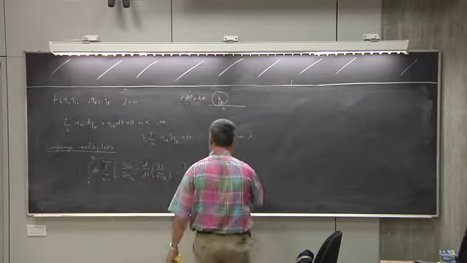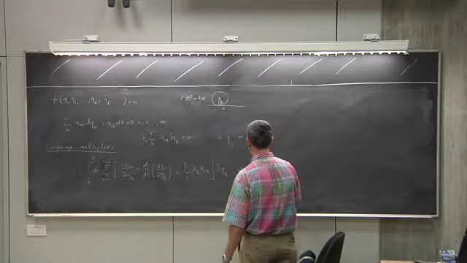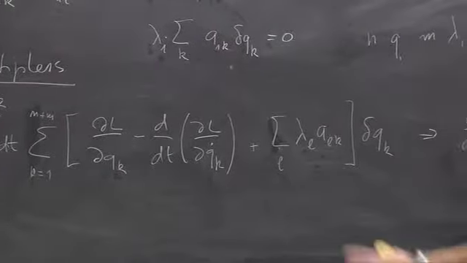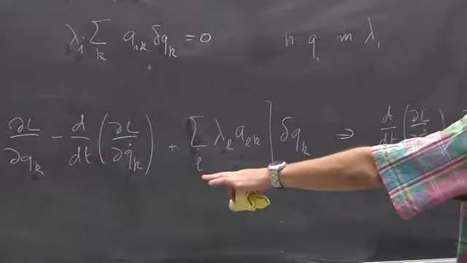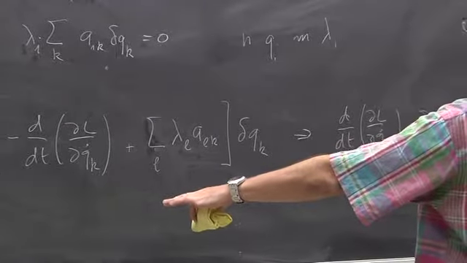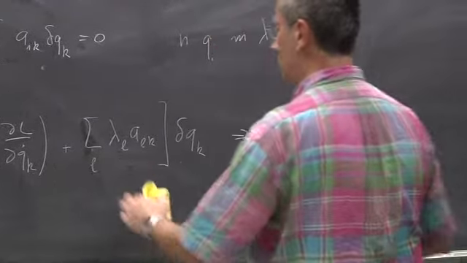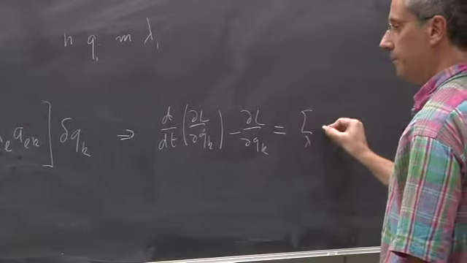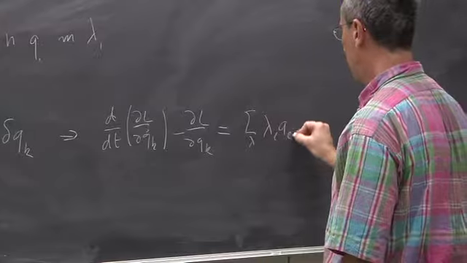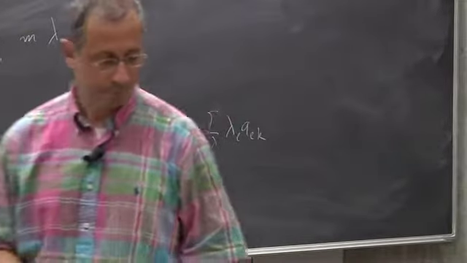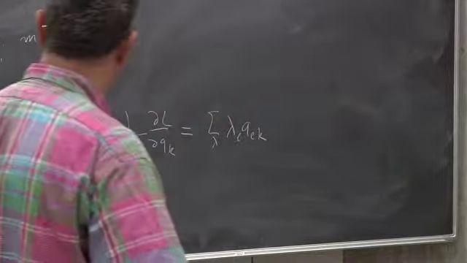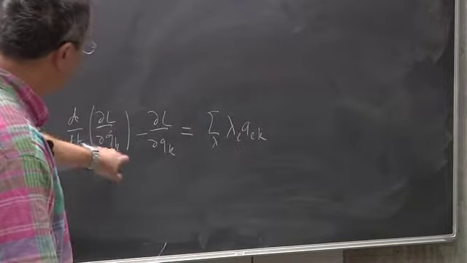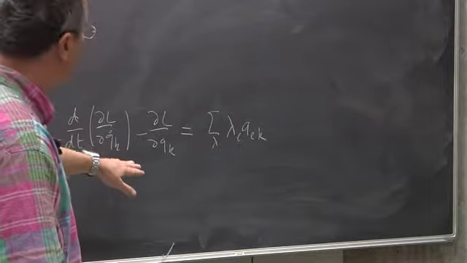So that means, let me write the Lagrange equation in the usual way. I take the derivative of dL over dq dot k, minus dL over dqk. Okay, so this must vanish, so must be equal to the constraint term. And of course, these are k, so these are n equations, and where are the others?